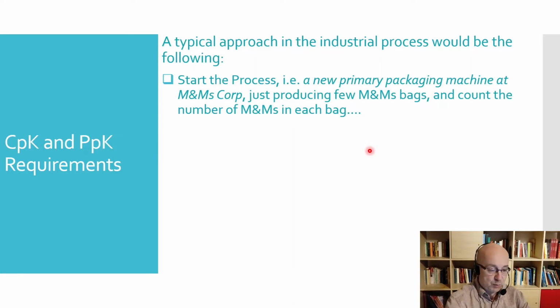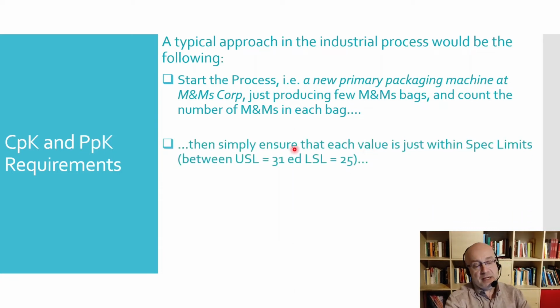That's exactly what we did, but simply ensure that each value is just within specification limits, that are 31 and 25. Our 20 data were exactly within specification limits. All of them were between 31 and 25.